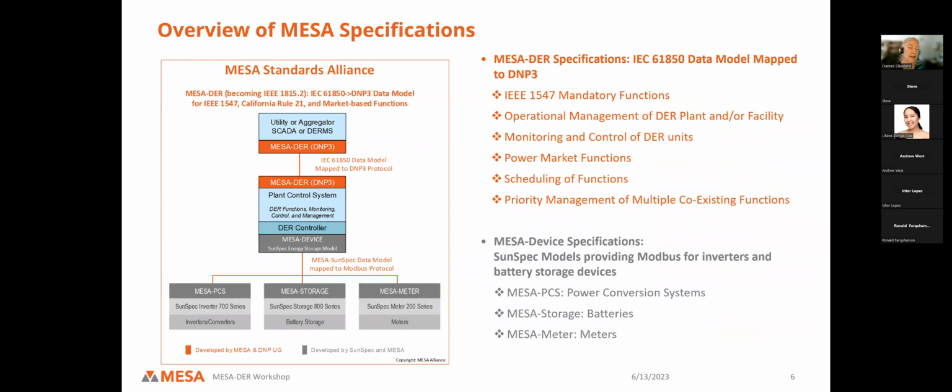So this is another way of looking at what the MESA specification is. As you can see from this drawing, we have the utility or the aggregator, and they'll have a SCADA system and or some kind of DER energy management system.